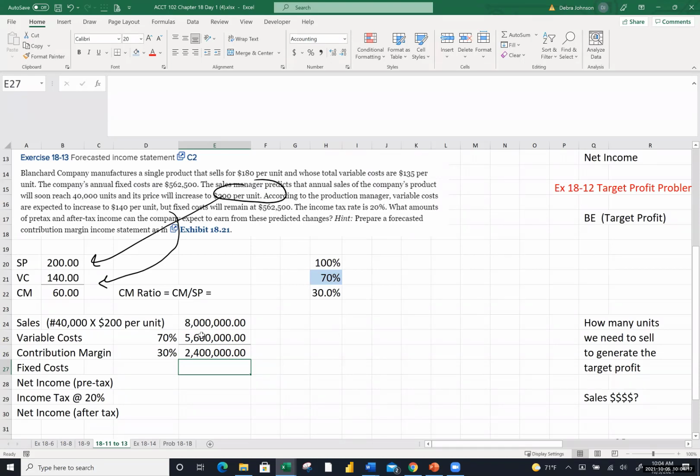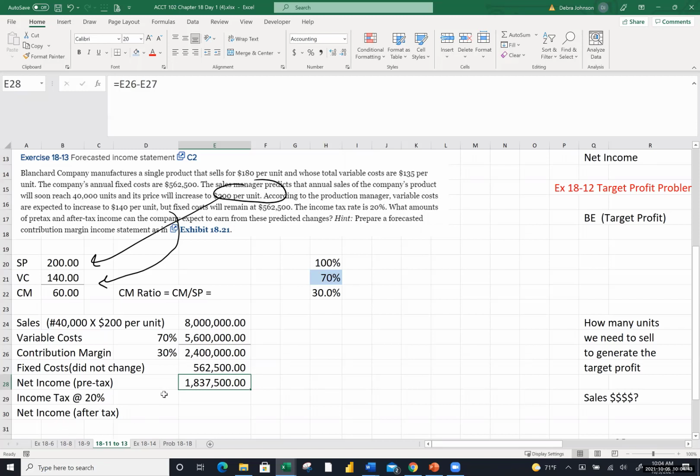Let's drop in the fixed costs. Remember, those were not changing. I'm going to write in, did not change. So they got a new prediction now. Here's going to be their net income before tax. How'd I get that? That's the contribution margin less the fixed costs.